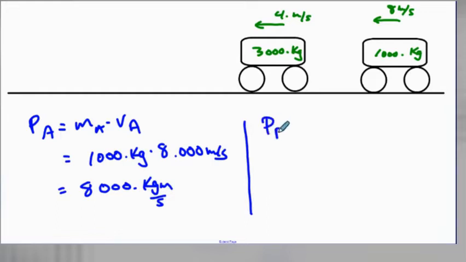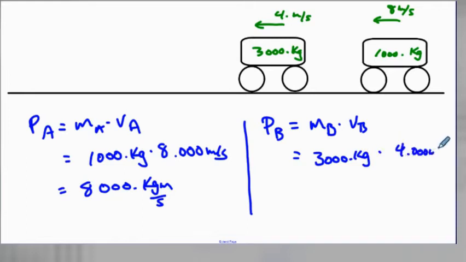What about the momentum of car B? Once again, it's the mass of B times the velocity of B. The mass of that car is 3,000 kilograms, and it was moving at 4 meters per second. So it has 12,000 kilogram meters per second.